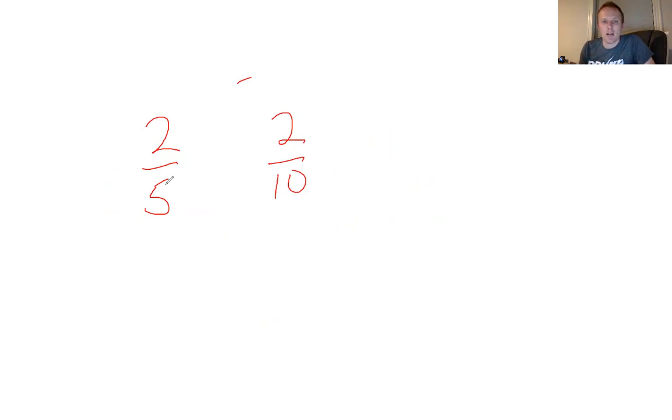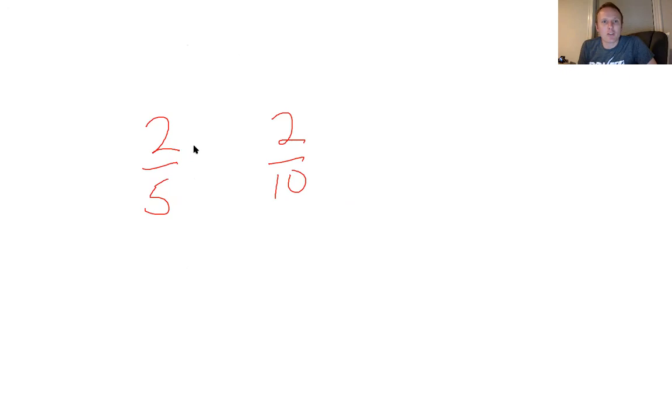It's been cut less times. I like to think of it like a pizza. Like this pizza on the left with the 5 in the denominator, that pizza's only been cut into 5 slices. That whole pizza has been split into 5 pieces. Whereas this pizza over here with the 10, that pizza has been split into 10 different pieces. So those pieces are smaller. Because again, we started with the same size whole. So if the numerators are the same, you look at the denominator and you see which one is smaller.